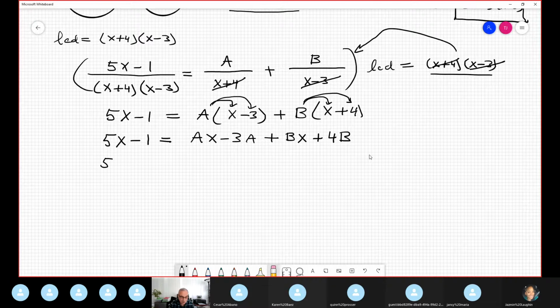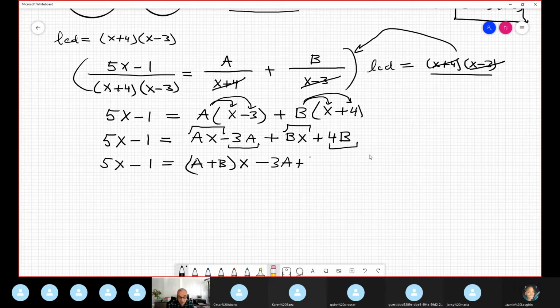This is one possibility. Is it the only possibility? No, I want to explain another. And you combine like terms. This is x, containing the variable. So this is a plus b, x. And you have the terms that do not contain a variable, which is minus 3a plus 4b.